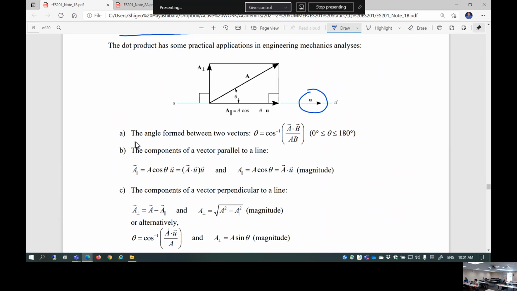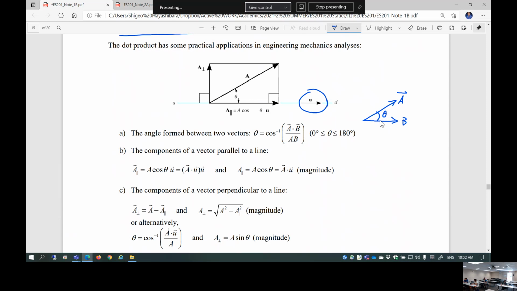Okay? So the question is, if you are given this kind of vector and an angle, you can determine lots of things. A, what is the angle formed between two vectors? Maybe just to draw a line. So let's say this is a vector A, and then vector B. This is theta, the angle in between.